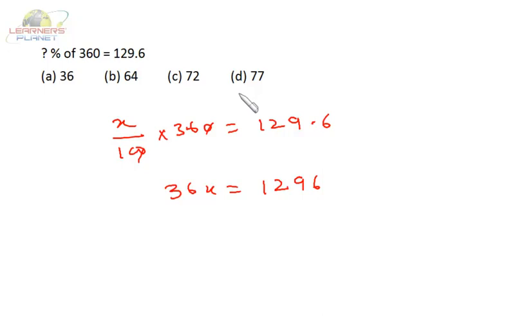If you know the square of 36, you will know that 1296 is the square of 36. So precisely you can say x must be 36, or else if you don't know that 1296 is the square of 36, then you have to choose a number x whose unit digit, when multiplied by 6, produces the unit digit as 6. So let's see by option.